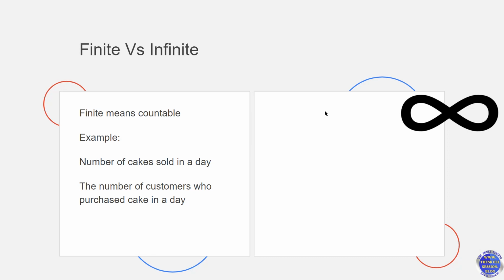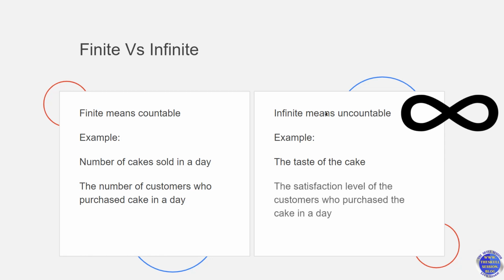But infinite, which is represented by this symbol, means uncountable. For example, the taste of the cake. It is qualitative data and it is not easy to count. The satisfaction level of the customer, again, is infinite in nature.